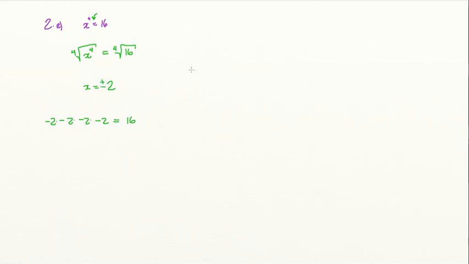Please note there is another way we can do this. We can use fractions. Taking the 4th root is the same as raising both sides to an exponent of 1/4. Remember the 4th root is the same as a fractional exponent, so I could rewrite this as a fractional exponent.